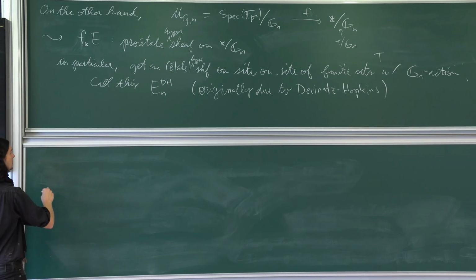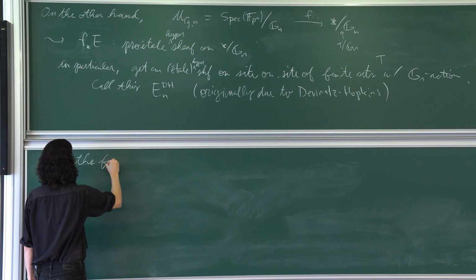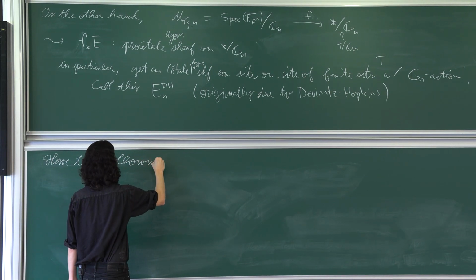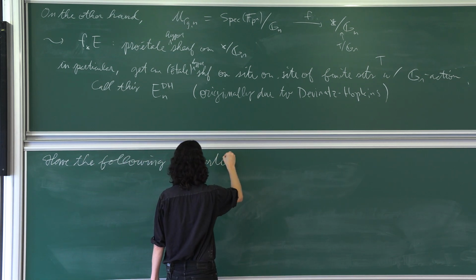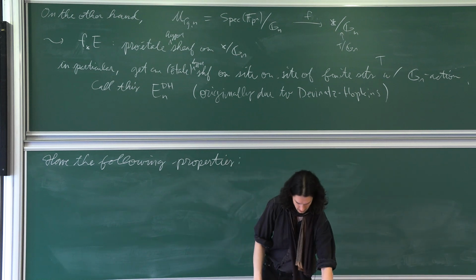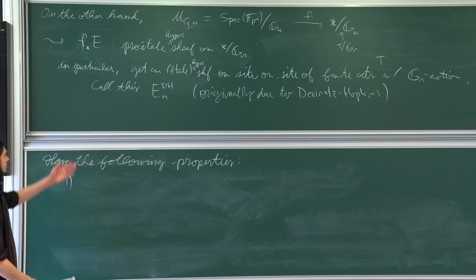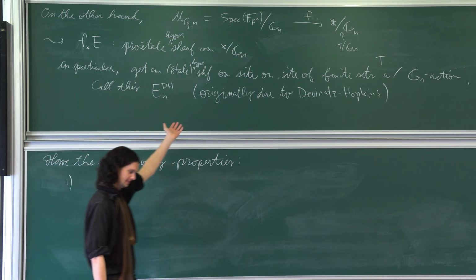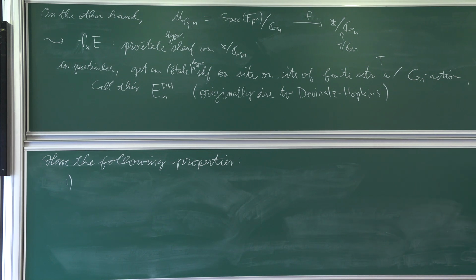Then we have the following properties. First of all, one way of talking about an action of a profinite group on an object, at least if you consider it with some sort of discrete topology, is indeed giving a sheaf on this site of finite G_n-sets.